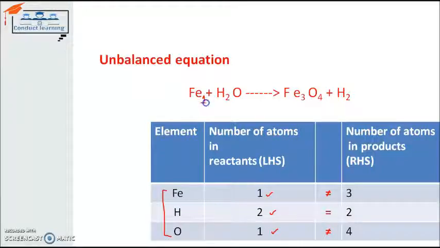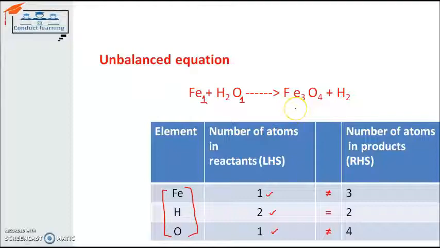So we consider the number of atoms for iron as 1, and the number of atoms for oxygen as 1. The same thing we have listed there. And now we will calculate the number of atoms for these three elements which we listed on the product side.